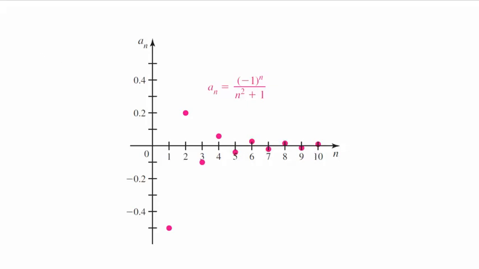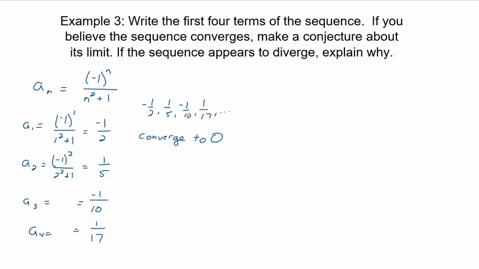Alright, let's try another one here. I'm going to do a little bit of different notation here. Let's do a sub n plus 1 equals -2 times a sub n, and a sub 1 equals 1.